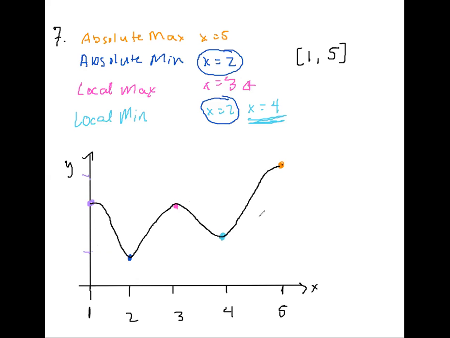Let's do some actual problems where we have to find critical points and use those to find mins and maxes. Okay. So, start with problem 30. Here we have the function f of x is equal to x cubed plus 6x squared minus 15x.